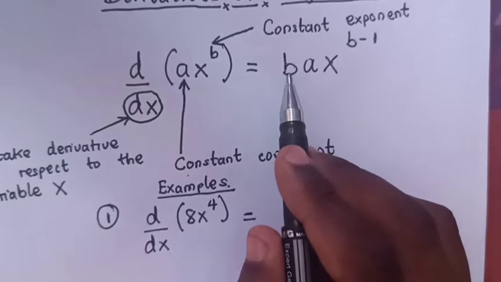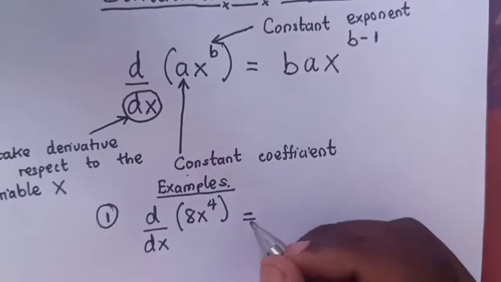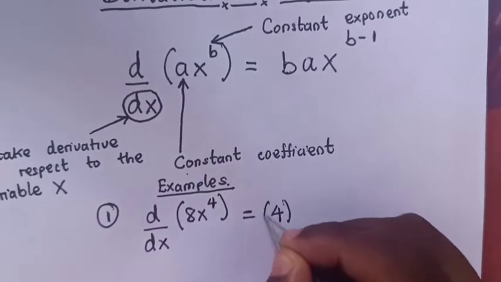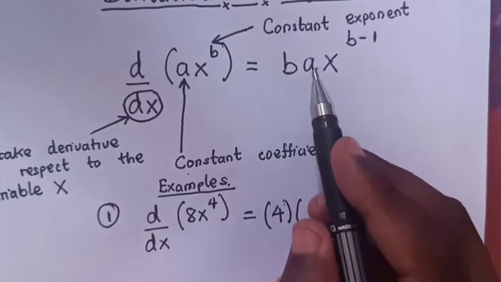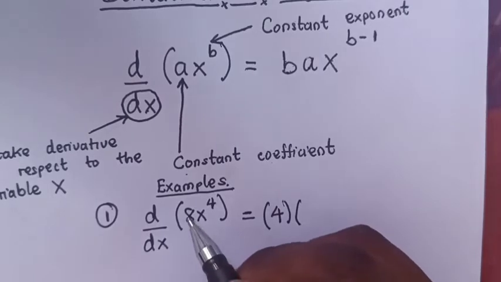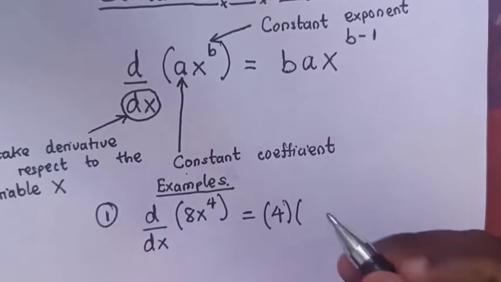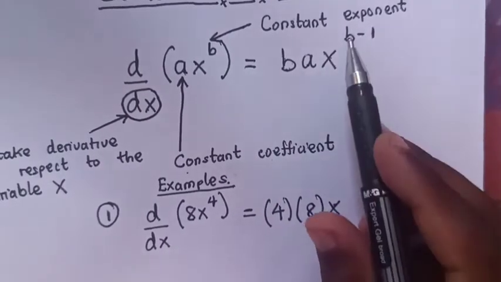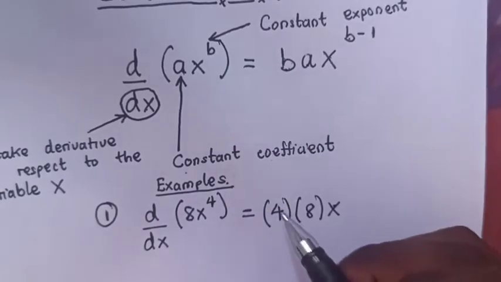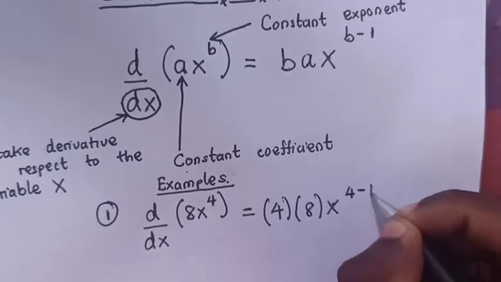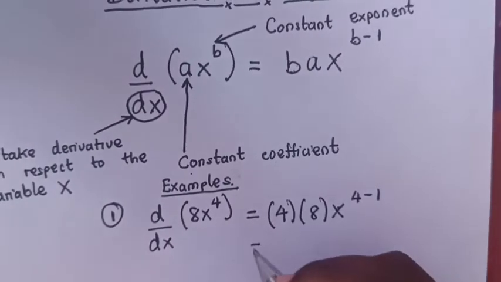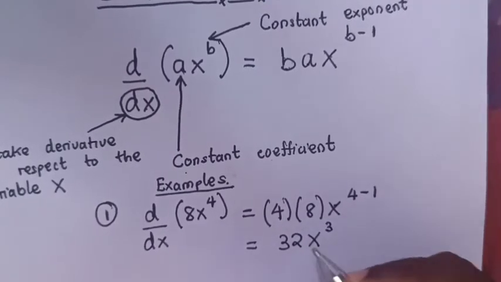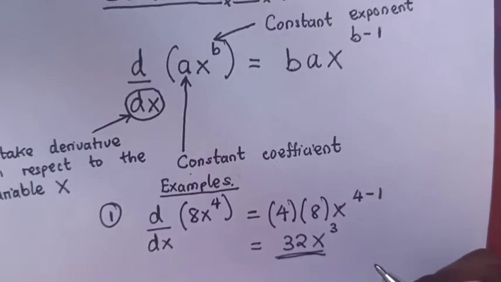So we take the constant of exponent, which is 4, times a, the constant of coefficient, which is 8, times x to the power of b, the constant of exponent, 4 minus 1. 4 times 8 is 32, and x to the power of 4 minus 1 is 3, so 32x^3.